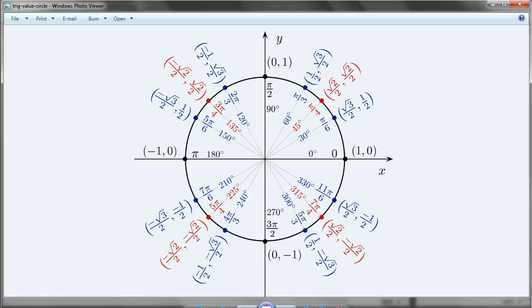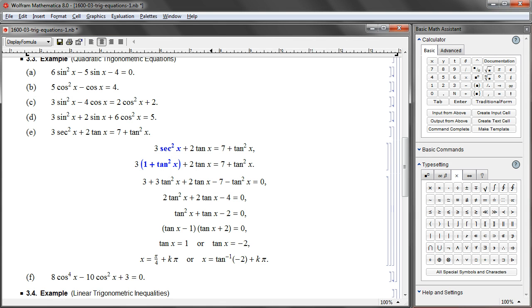Pi over 4 and 5 pi over 4 in this case. Or pi over 4 plus pi, because pi is a period. So pi over 4, just find one, and then plus k pi. That'll take care of everything. The second one will be arctangent of negative 2, which we cannot find out precisely. So let's leave it at that, and plus k pi.